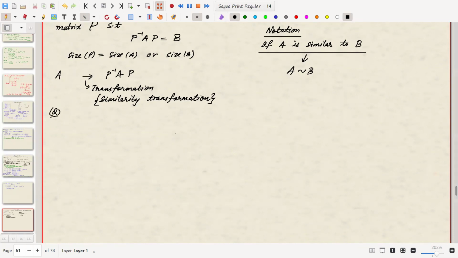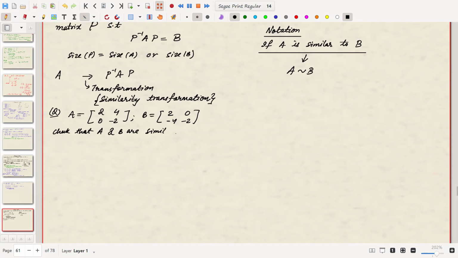The question is, take these two matrices. A is this and B is this quantity over here. Now I'm asking, check that A and B are similar matrices.